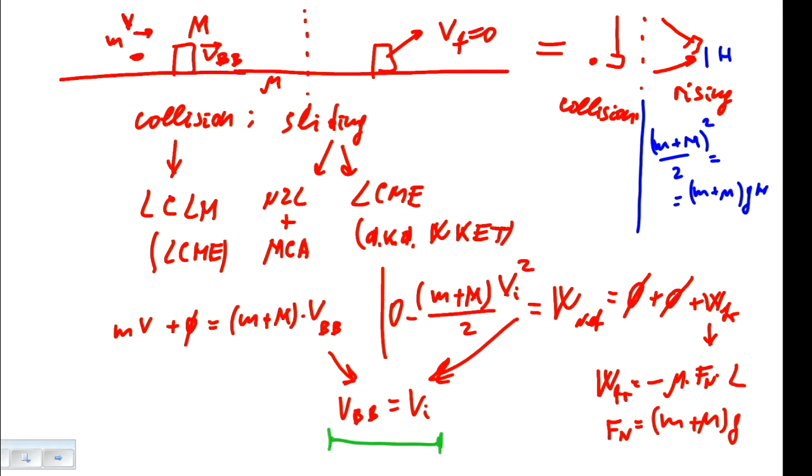Initial kinetic energy of the system completely transferred into potential energy of the system. The second part in both situations is related to things happening to energy. What kind of things? That depends. Here it's related to potential energy. Here it's related to work done by friction.